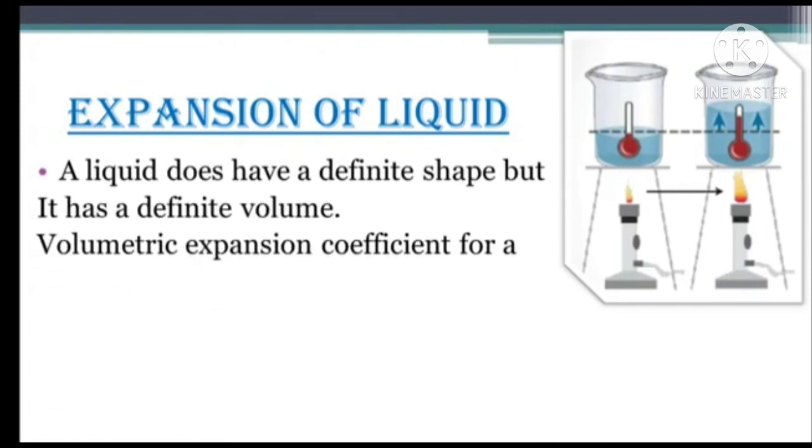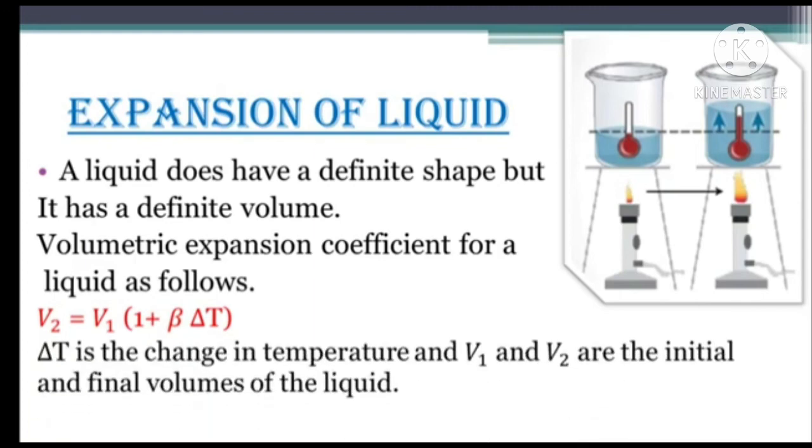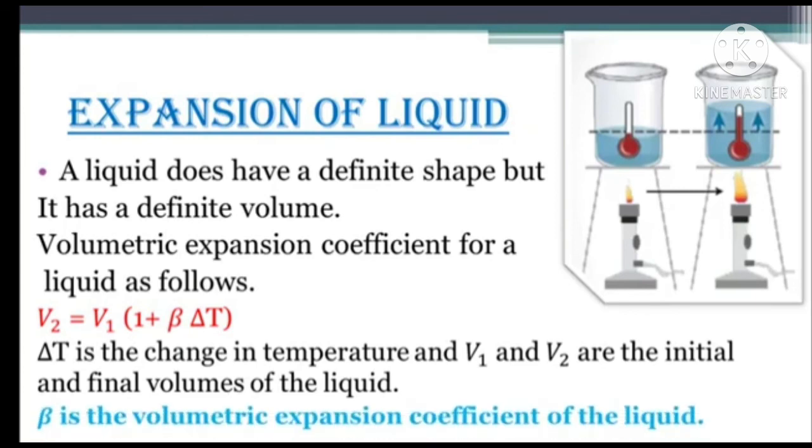So we can define a volumetric expansion coefficient for a liquid by this formula: V2 equals V1 into 1 plus beta delta T. Here delta T is the change in temperature, V1 is the initial volume and V2 is the final volume of the liquid, and beta is the volumetric expansion coefficient of the liquid.